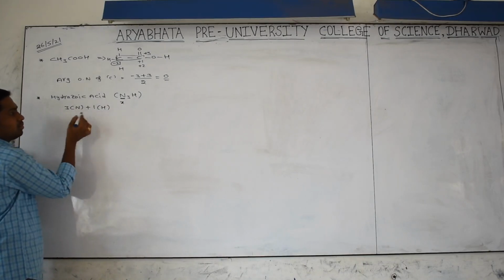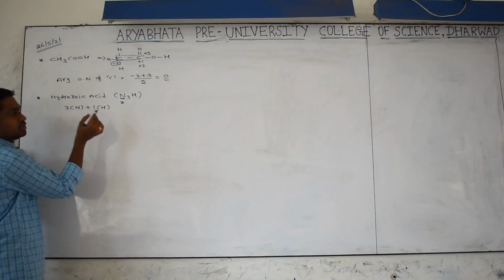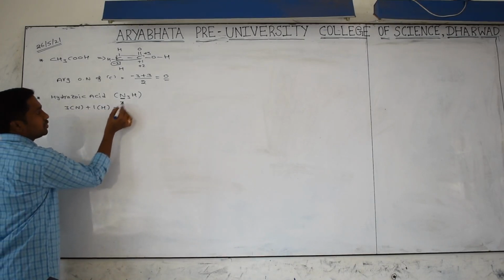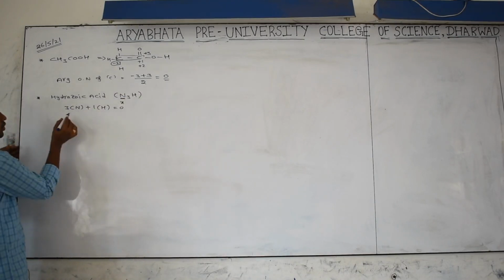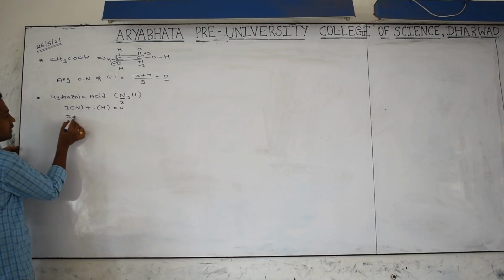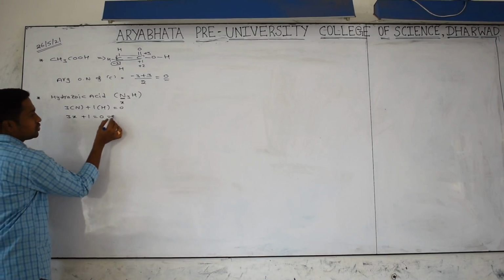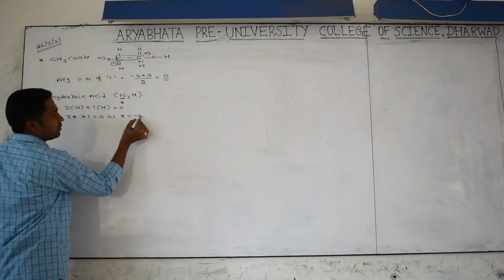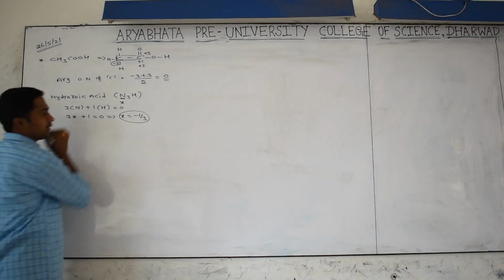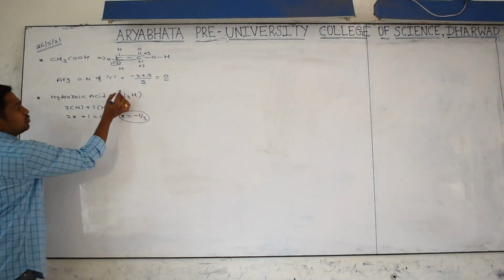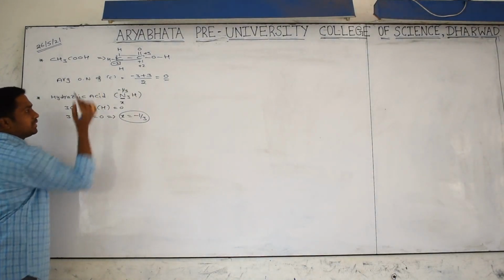The sum of all the atoms' oxidation numbers is equal to 0 in a neutral molecule. Nitrogen, which we want to find, is taken as X, plus hydrogen, commonly +1, equals 0. Then X comes to -1/3. Yes, we have to show -1/3 here.